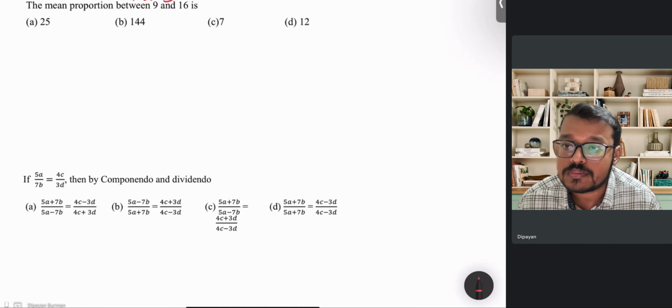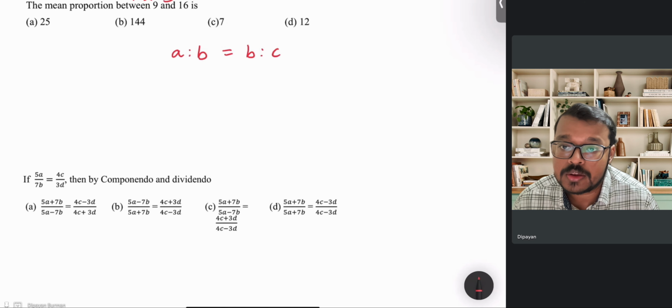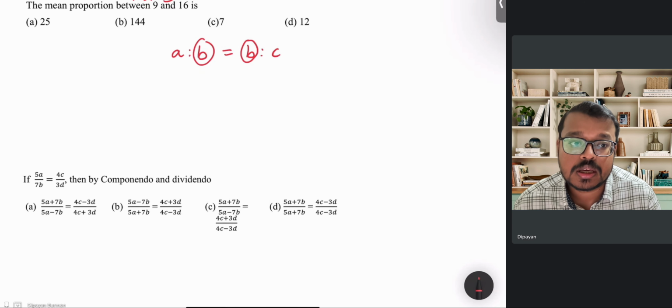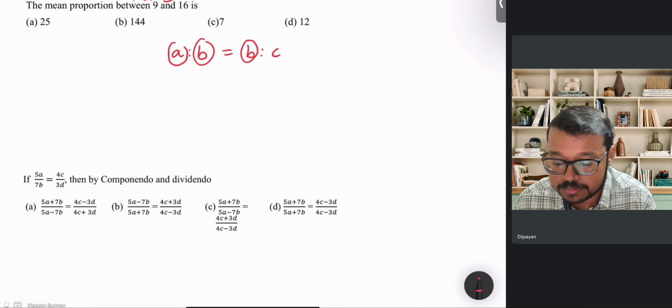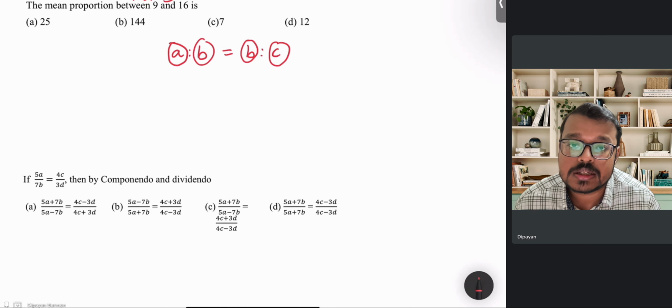Then the second question is, the mean proportion between 9 and 16 is which of the following? Now sometimes we have proportions of the format A is to B is equal to B is to C. We see that this number is repeated 2 times and this is called the mean proportional. The first number is the first proportional and the last number is the third proportional.